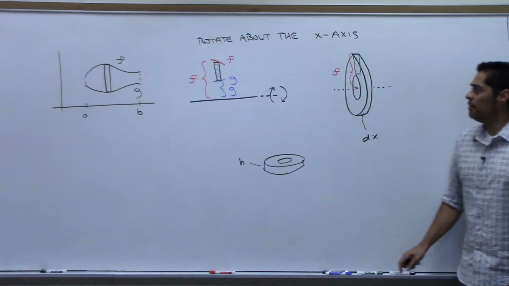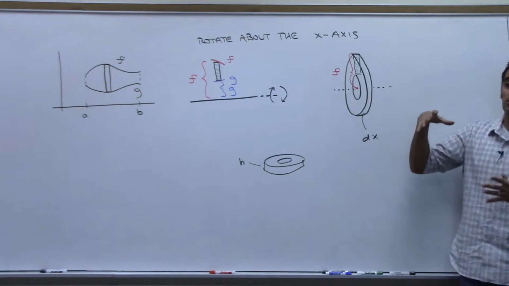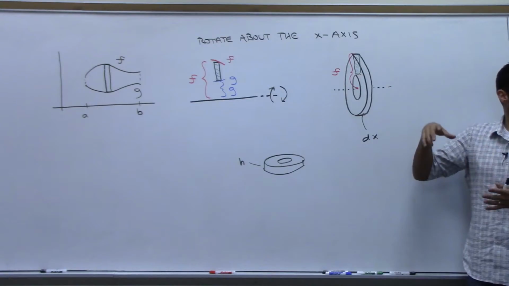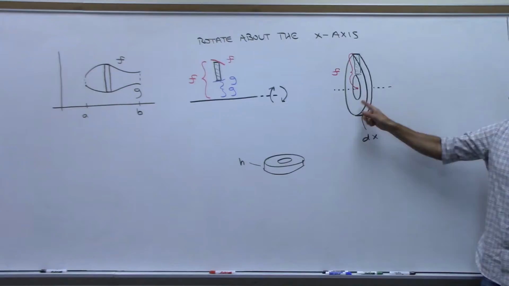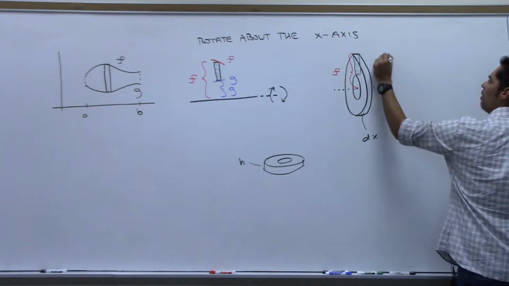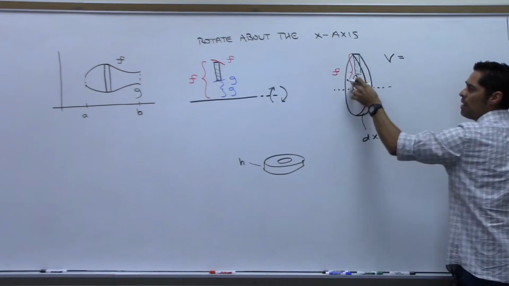And we said that the volume of this whole thing would be the volume of the outer cylinder minus the volume of the inner cylinder, wouldn't it? So let's look at what the volume of this is. What's the volume of the big cylinder without anything taken out?